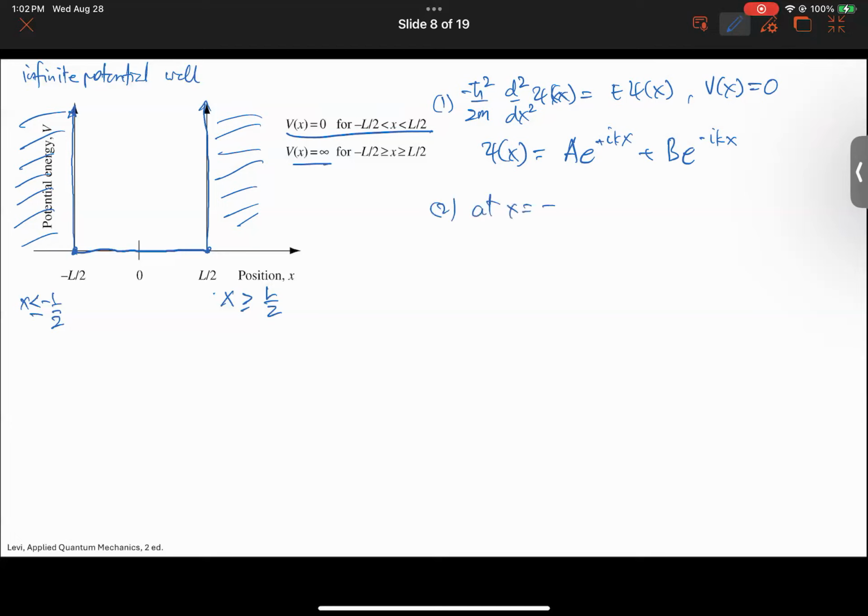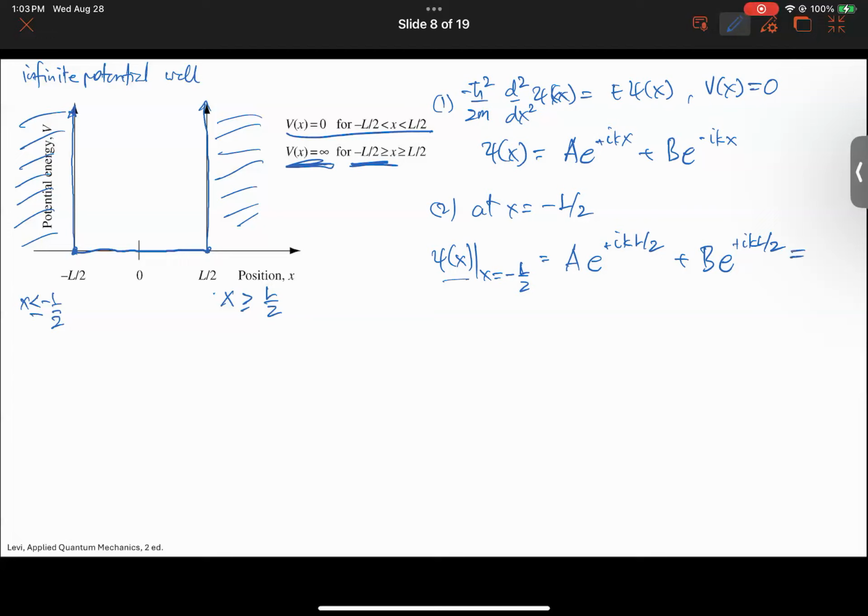Okay. So now we know the solution. So at x equals negative L over 2, our wave function becomes A exponential negative i k, and then we replace x with negative L over 2. So that's A exponential i k L over 2 plus B exponential positive i k L over 2. And then at x equals L over 2, the wave function experiences an infinite potential.